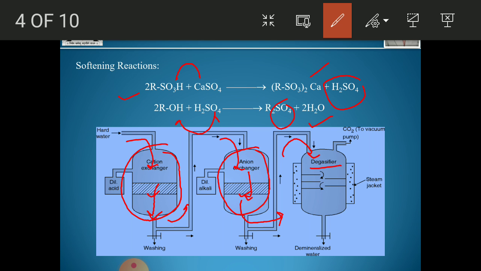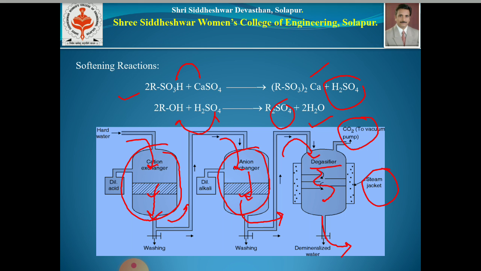This degasifier is covered with a steam jacket and the water is circulated in this chamber so that dissolved gases, if present, can be removed. So gases like carbon dioxide can be removed from this outlet, and this completely purified soft water we can take out from this outlet at the bottom.